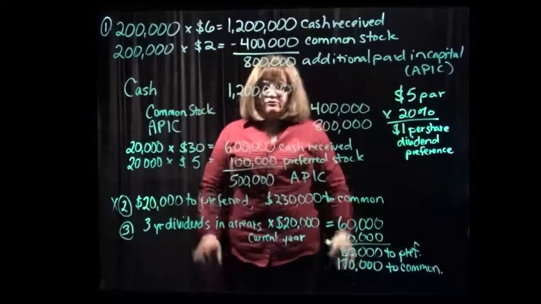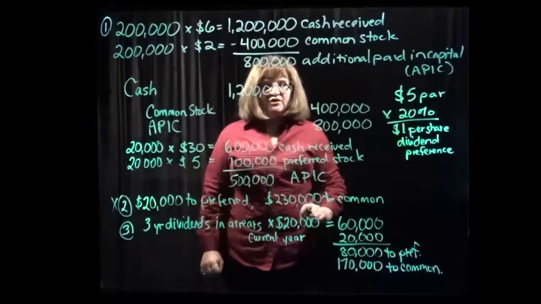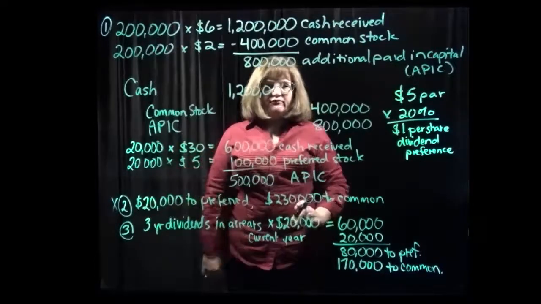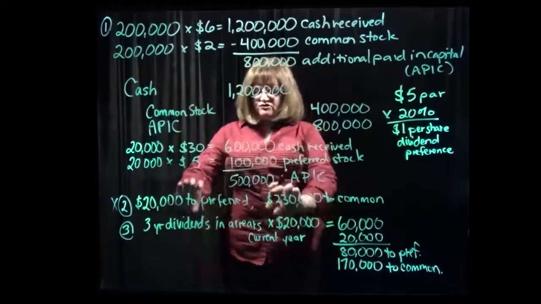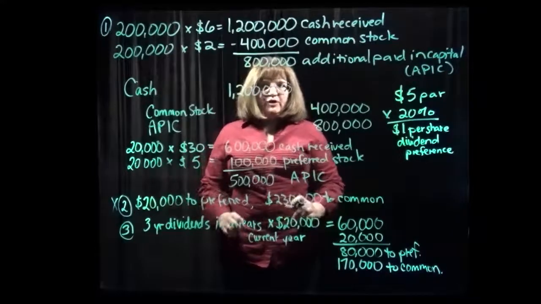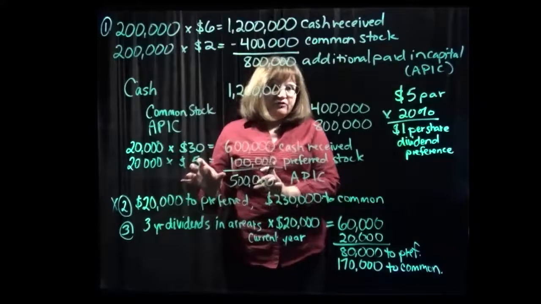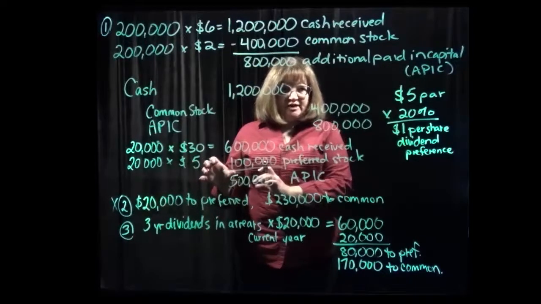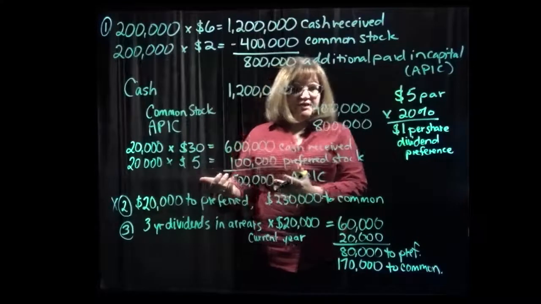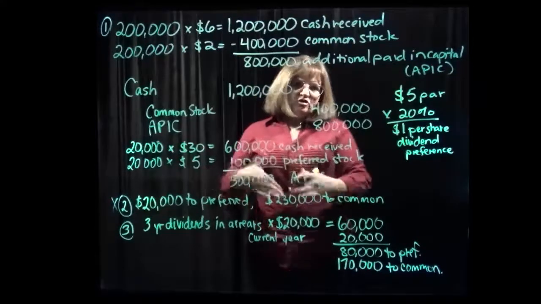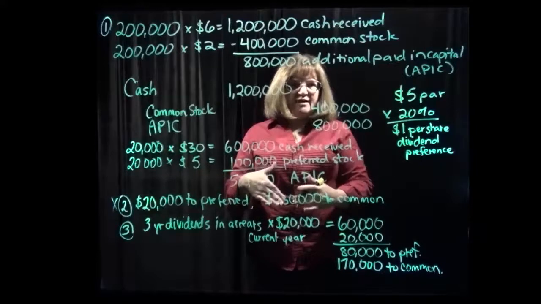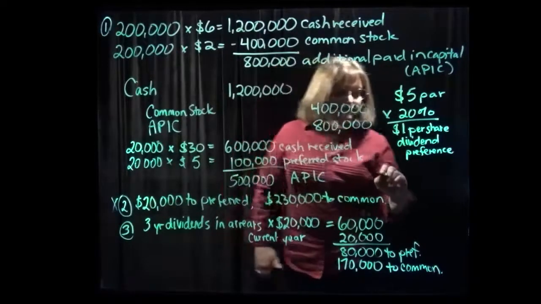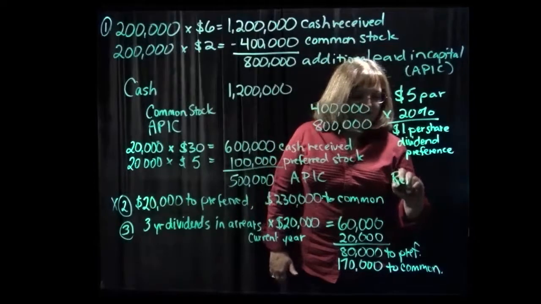So that's how you calculate dividends when we have non-cumulative preferred stock and when we have cumulative preferred stock. The journal entries for each of these would be to debit either a dividends account if the company uses one, or they can directly debit retained earnings depending on whether they use that dividends account or not. Either way, they're going to credit dividends payable, which is the liability that's established when they declare that dividend.